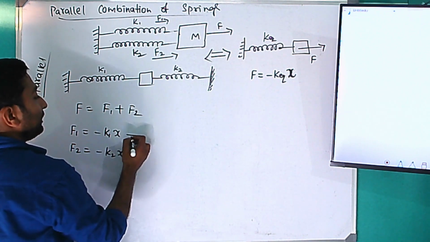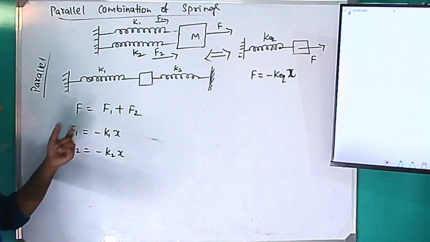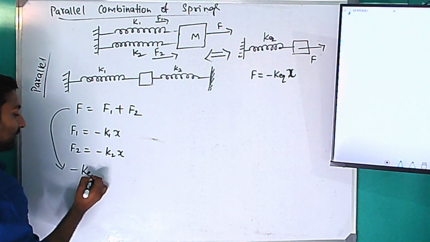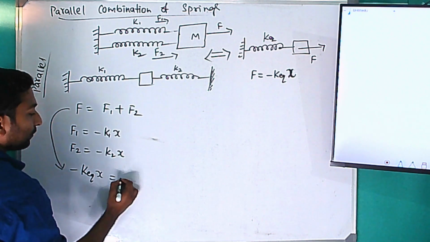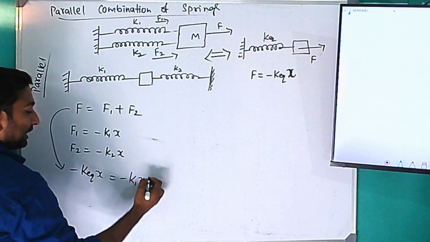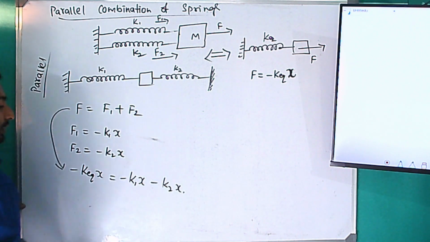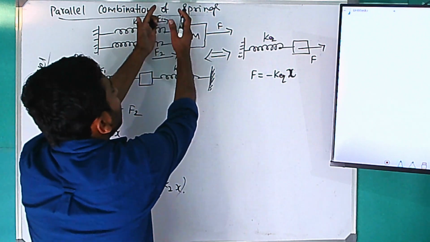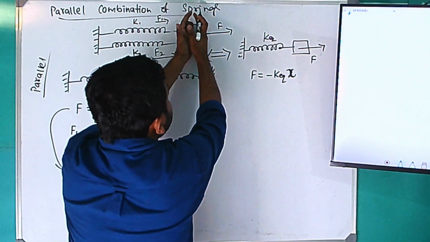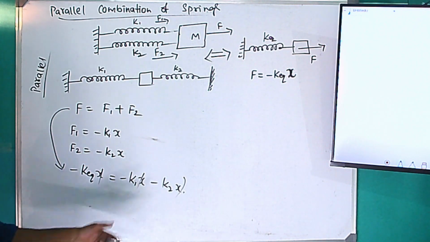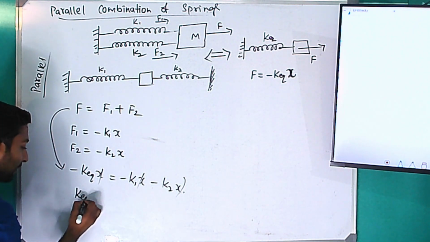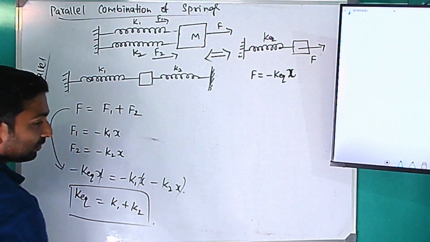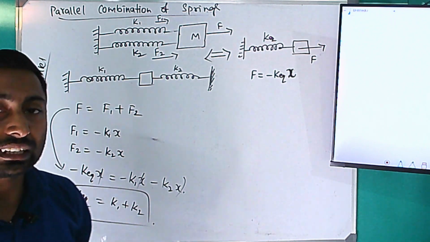So now using the above equation, I can write F is equal to minus K equivalent of X, that is equal to F1, which is minus K1 X, plus F2, which is minus K2 X. Since X is the same in all three cases, the displacement produced must be the same, and this mass will be moving with a displacement of x. So that means K equivalent is equal to K1 plus K2. That is the equivalent spring constant of two springs when they are connected in parallel.